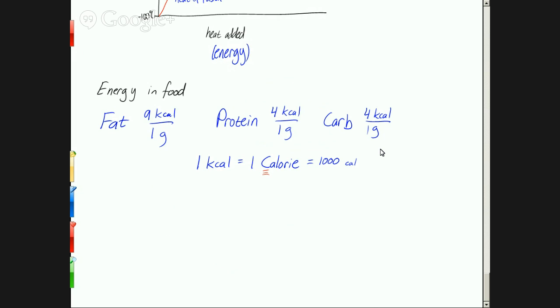Now let's do an example. Let's say we have some kind of food that we find out has 37 grams of carbohydrates, 19 grams of fat, and 23 grams of protein.